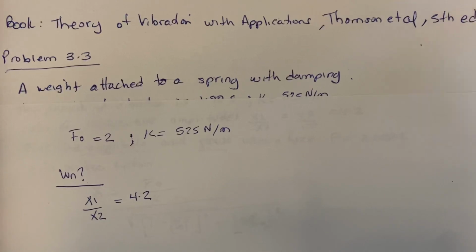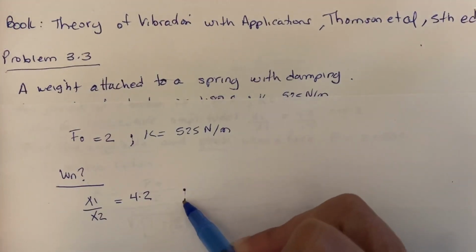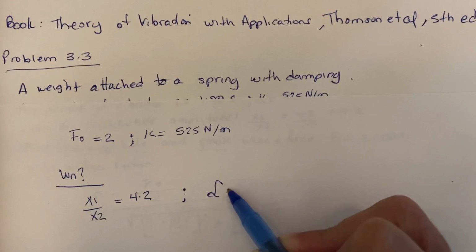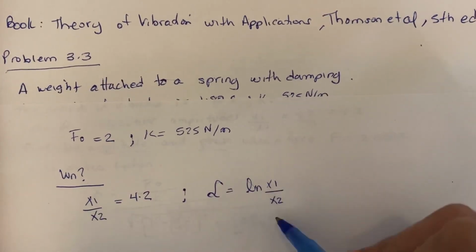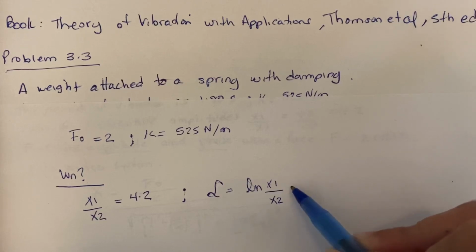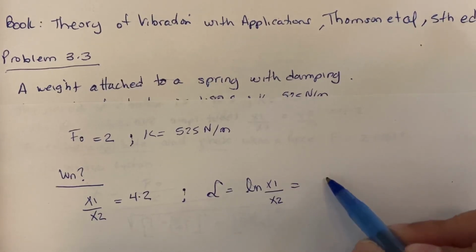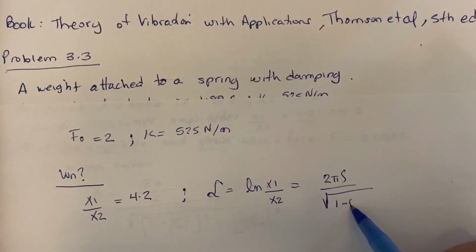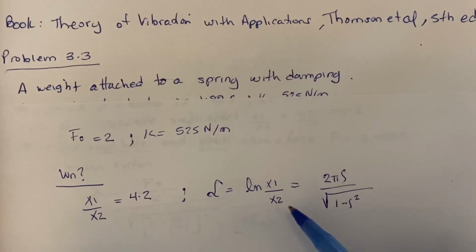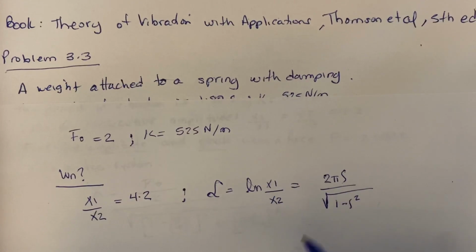The equation that relates the ratio of consecutive amplitudes with the damping ratio is the logarithmic decrement equation, which is equal to the natural logarithm of the consecutive amplitudes, and at the same time is equal to 2 pi damping ratio over the square root of 1 minus damping ratio squared. From this equation, we can find the damping ratio.